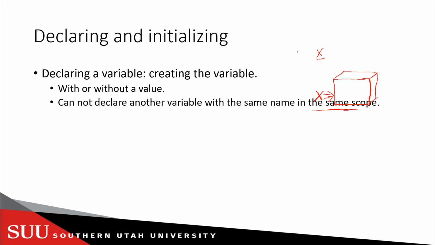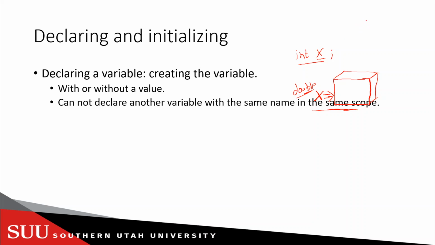The type doesn't matter here. If I create this as an integer, since it's on top, then it's fine. And then if I come back here and try to create this as a double, although this is an integer and this is a double, since they have the same name, Java will not allow it.